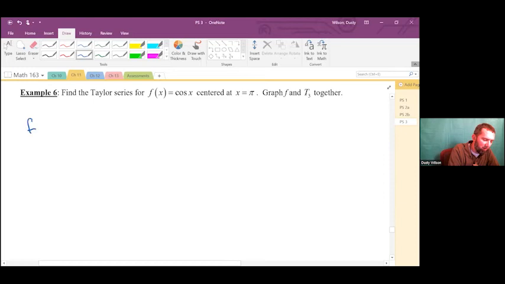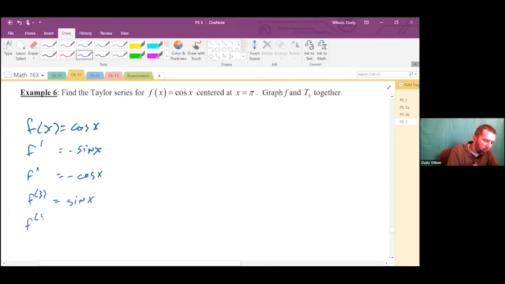So we have f of x is cosine x. F prime is minus sine. F double prime will be minus cosine. F triple prime will be positive sine.